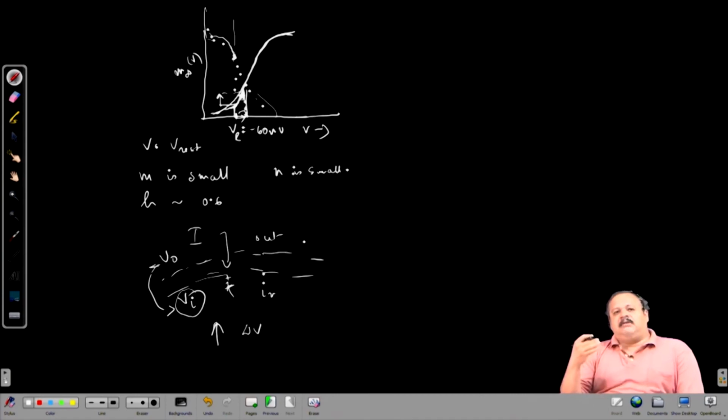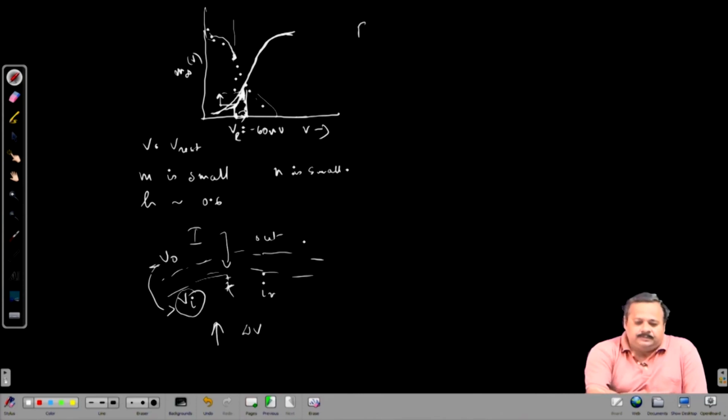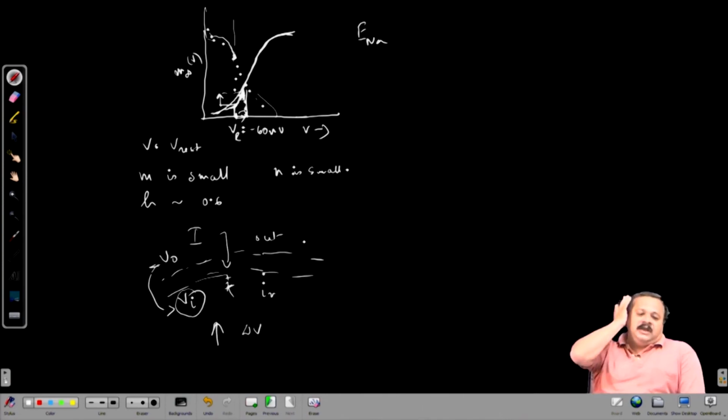So, with this increase in voltage, and the opening of more sodium channels, as you know, if the membrane potential is different from ENA, and if there is a path available for sodium to flow across the membrane, then sodium will flow in a direction such that the potential is pulled towards ENA.